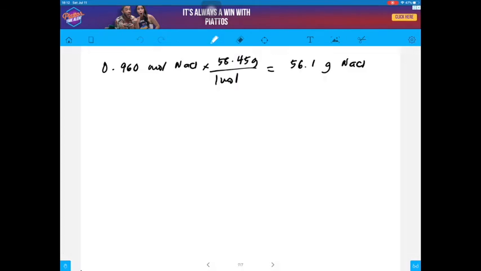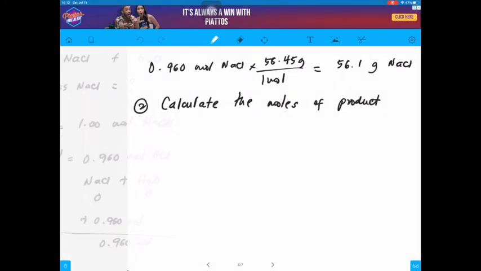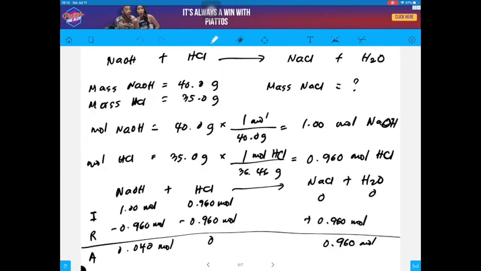The other method is by calculating the moles of product produced. In order to get the limiting reactant, calculate the moles of product using the data that has been given. So from the reaction, we have already calculated the moles of each reagent.